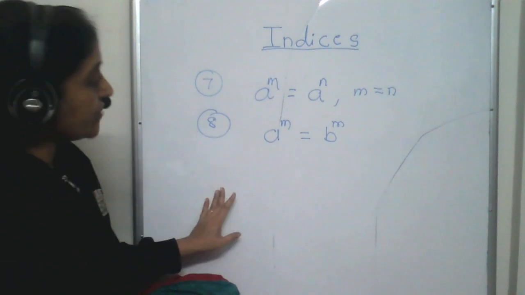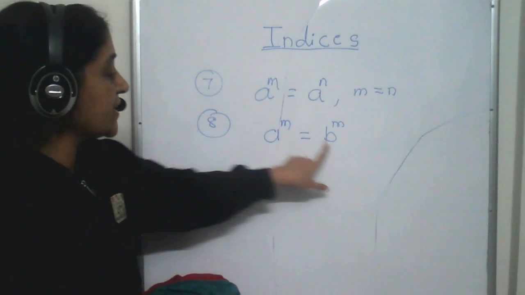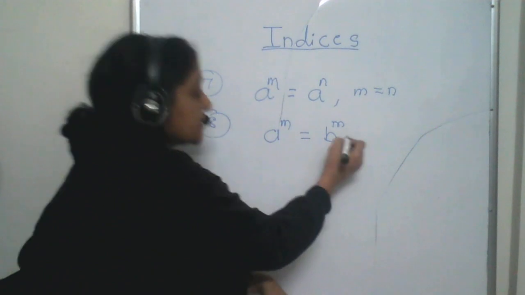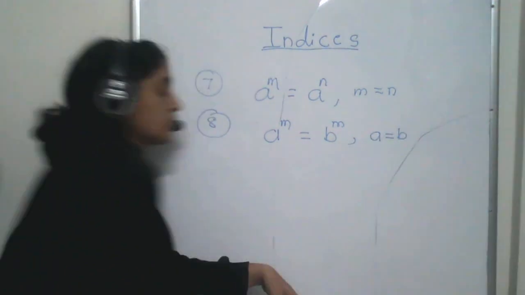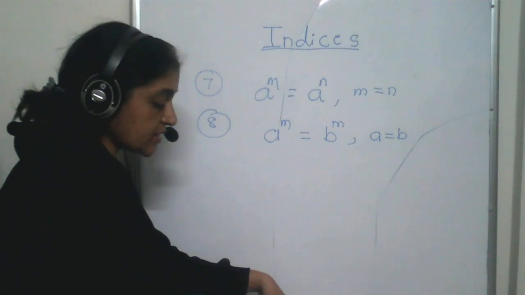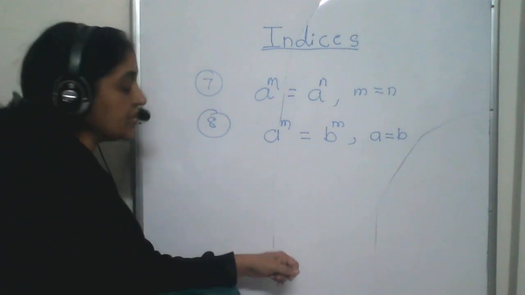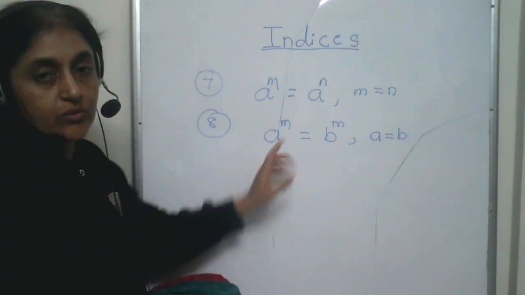So at that time also we can say, if on either side of the equal to sign the exponents are equal, we can equate the bases. At this point of time, a will be equal to b. Then what is the condition here when a will become equal to b? Then m is not supposed to be 0. M should not be equal to 0.